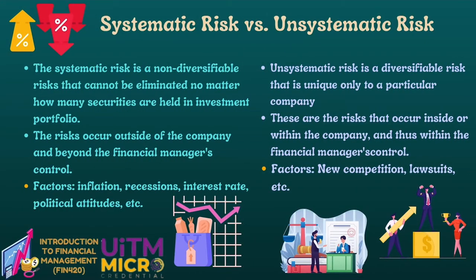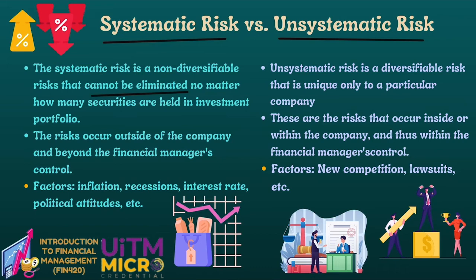Now we will go to the next slide, and you can see that there are two types of risks: the first is systematic risk, and the second is unsystematic risk. Systematic risk is the risk that you cannot eliminate from the firm no matter how many securities the company holds.